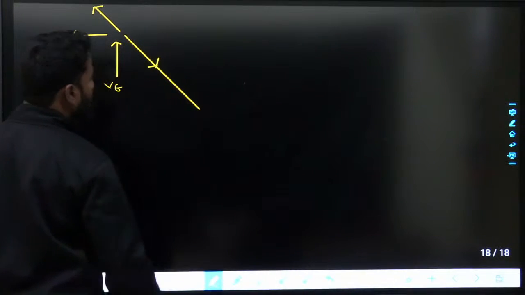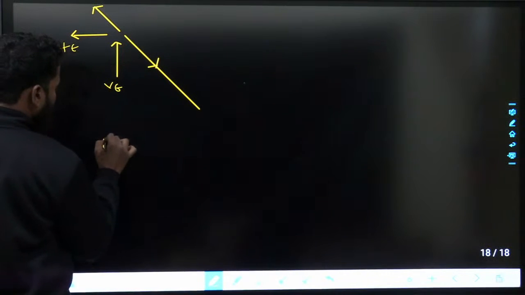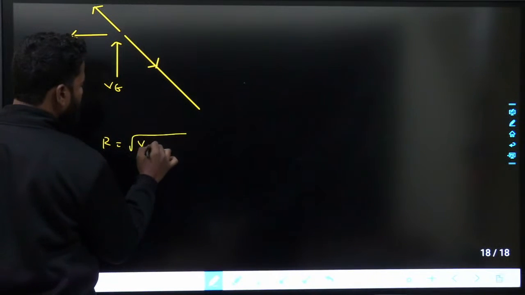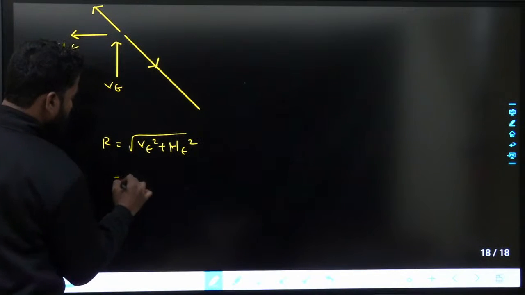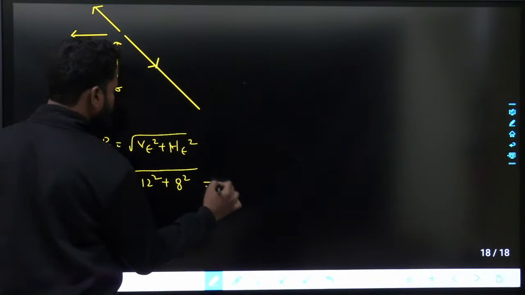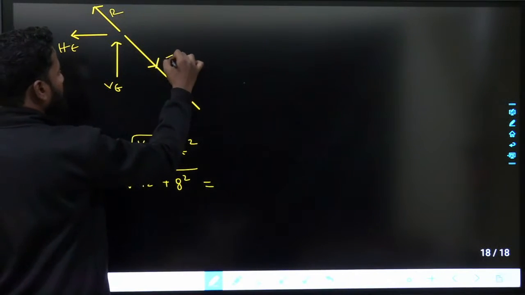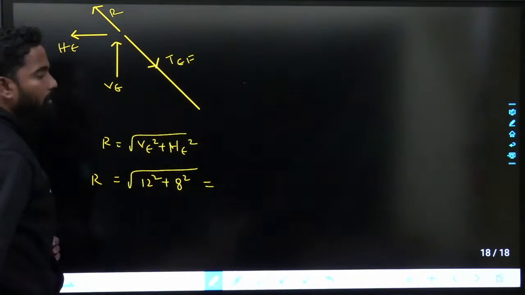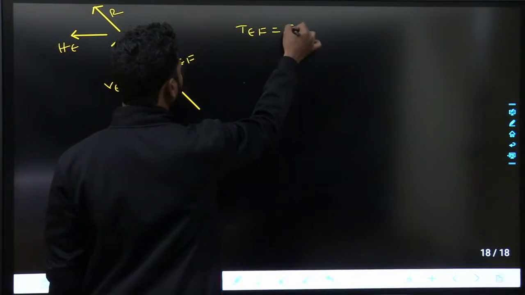How are you going to find out the resultant? Resultant equals to under root of VE square plus HE square. So VE is 12 square, HE is 8 square. Tension in EF is equal to the resultant force.